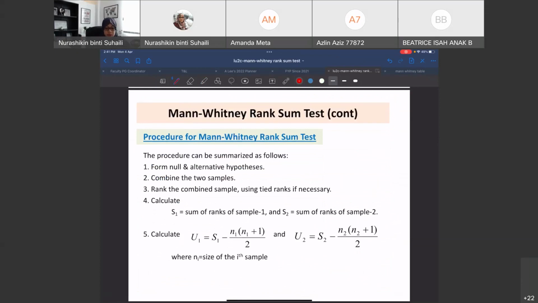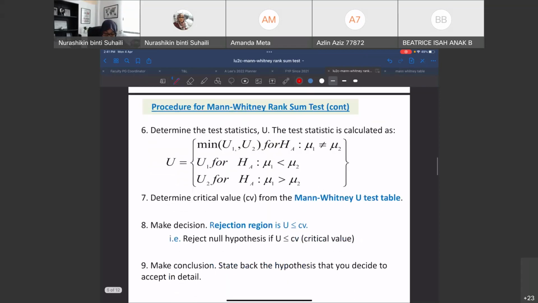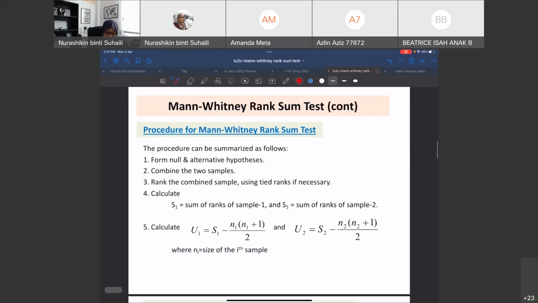I forwarded you this procedure in the Telegram channel. If you refer to your mobile while you're having your laptop, you can have a look at this outline, which is much easier. So, the procedure for the Mann Whitney rank sum test. There are 9 steps.